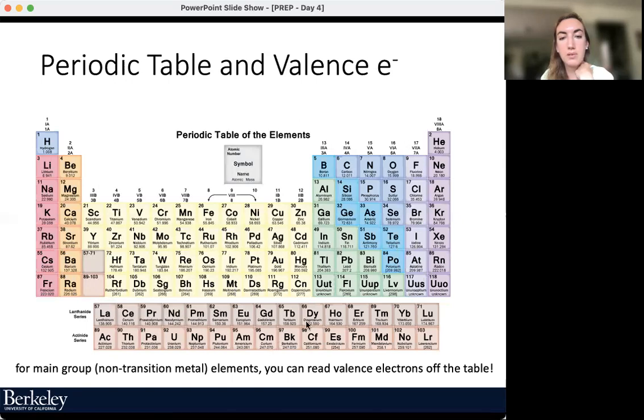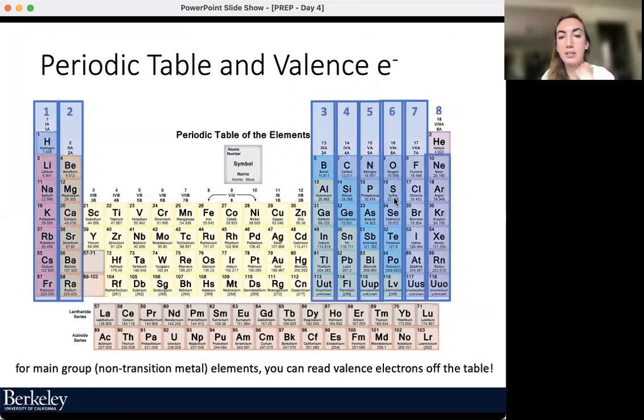Okay, awesome. So 86% of you said 6 valence electrons, and that is correct. So it is in this column right here below oxygen. And if I go back and put up those columns again, that is the column that has 6 valence electrons.